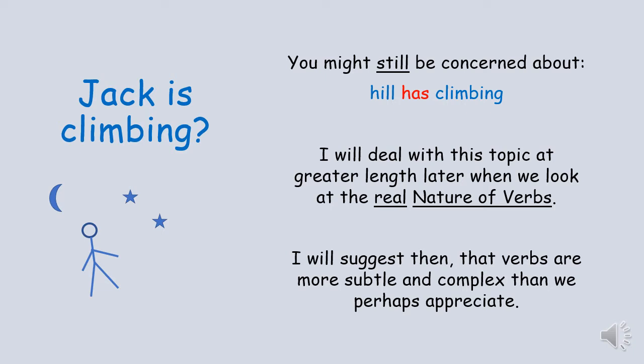Well, I can understand you might still be concerned about the concept of hill has climbing, and I will deal with this topic at greater length later when we look at the real nature of verbs. I'll suggest then that verbs are much more subtle and complex entities than we perhaps appreciate.